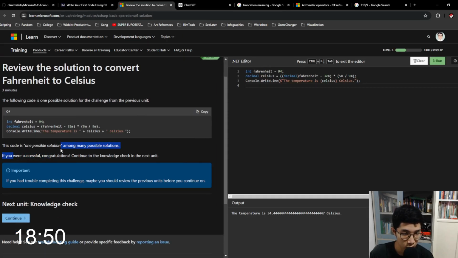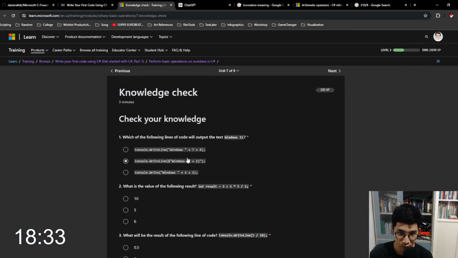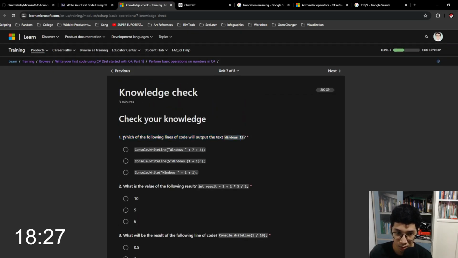Okay, this code is one possible solution among many possible solutions. If you are successful, congratulations, continue to the knowledge check in the next unit. If you have trouble completing this challenge, we should review the previous one. Okay, we can continue to the knowledge check. I haven't read even this one yet, so I might be wrong. So I will do my best.